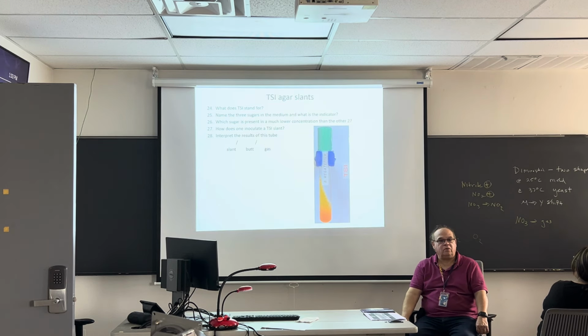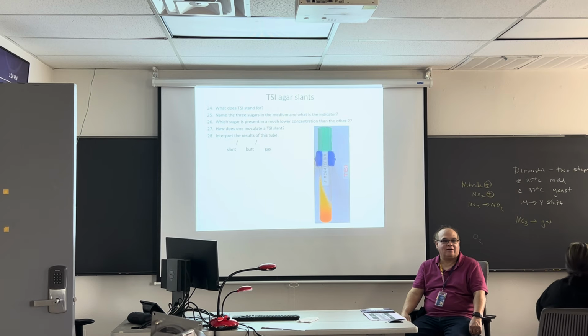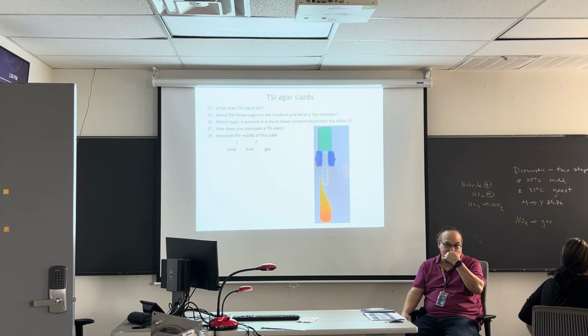Because gas can only be produced in acidic conditions. If it's neutral, it cannot have any gas. So that's only based on the answer on the butt. The gas? That's correct. Only on the butt. That's why the stabbing of the butt is really important. If you're a light stabber or didn't do it at all, you're not going to get the full effects.